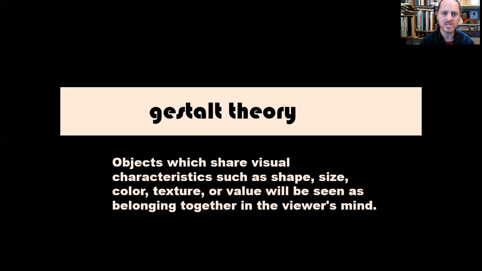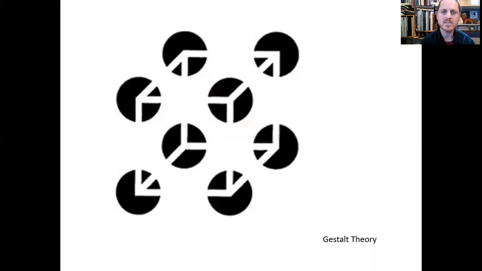So, what is Gestalt? It is this idea that objects which share visual characteristics such as shape, size, color, texture, or value will be seen as belonging together in the viewer's mind. And so we get images like this. There's a similarity. There are things that tie these images together, and our brain wants to fill in the blanks.